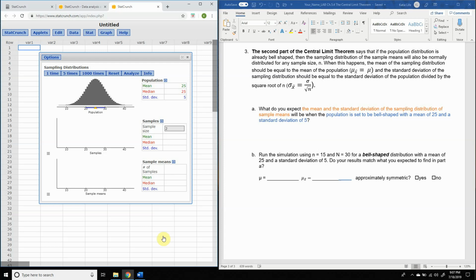Well, if part 2 of the central limit theorem is correct, then mu sub x bar should be equal to mu, which is, that kind of looks like not equal to, let me fix that.